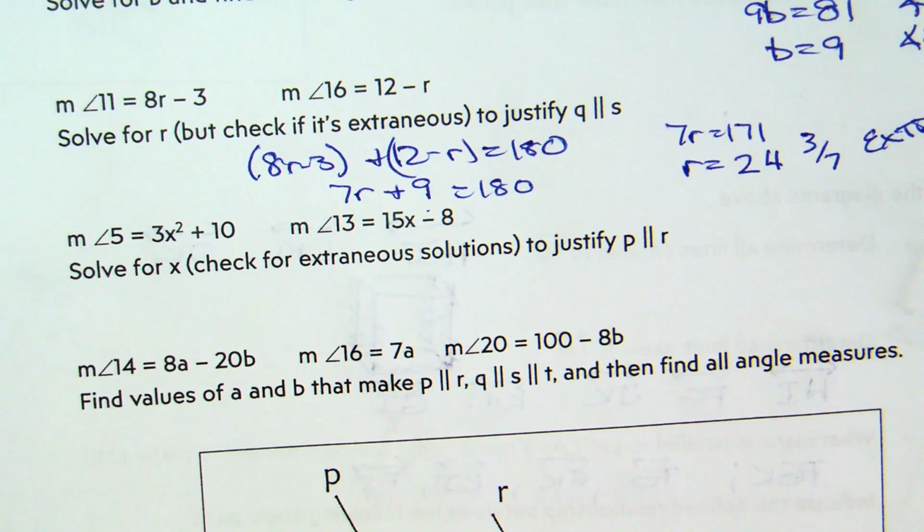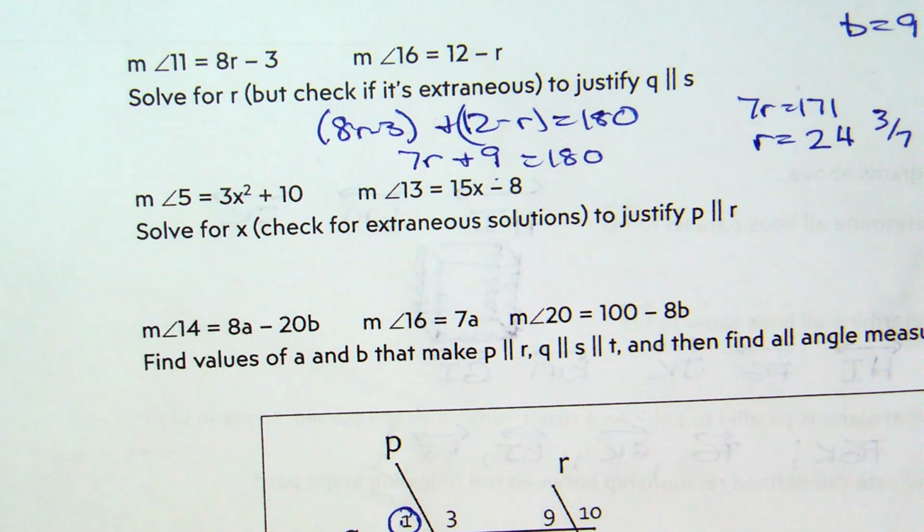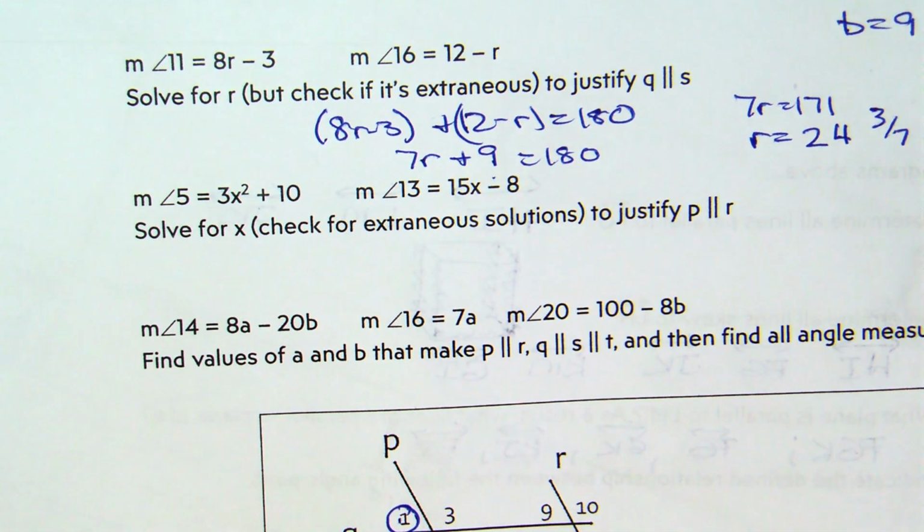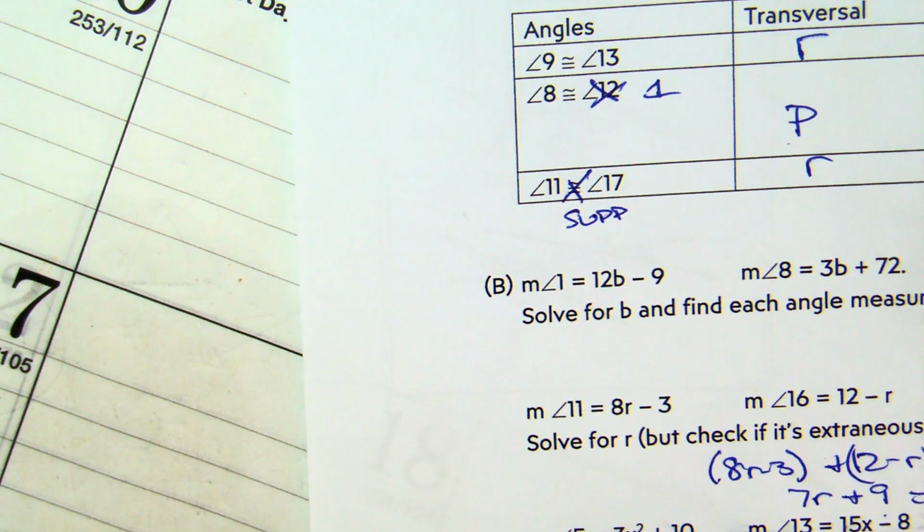Now, next one, a little bit of quadratics. Angle 5 is 3x squared plus 10. Angle 13 is 15x minus 8. Once again, they are both acute, so they're going to be congruent. So 3x squared plus 10 equals 15x minus 8.